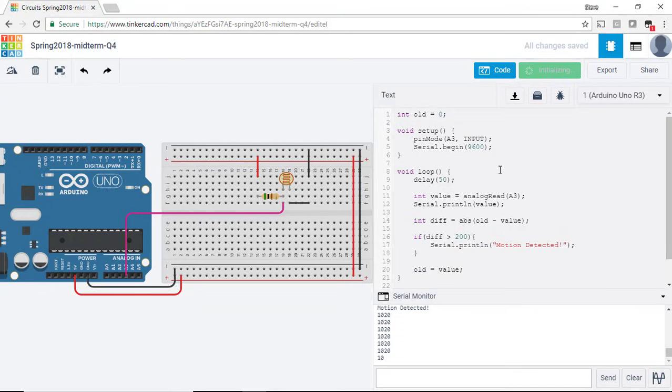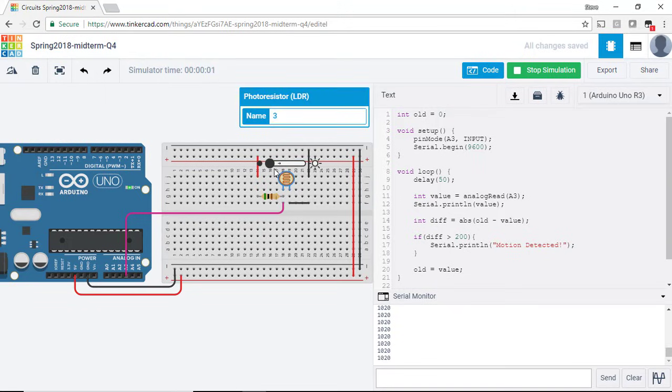Let's go ahead and run that and take a look here, okay? So here I've got the photoresistor, and I can change the amount of incident light one way or another. And if I slowly move this over, you'll notice I never get a motion detected, because I never get above 200. And obviously these output codes are going to be dependent on how you have your voltage divider set up. That wasn't part of the exam, that's fine.